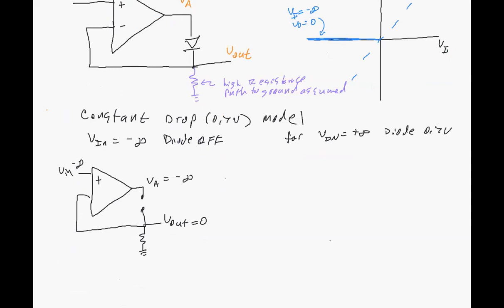Okay, so what does this circuit look like then? The diode is facing down like that, so the battery goes the same way, 0.7 volts.